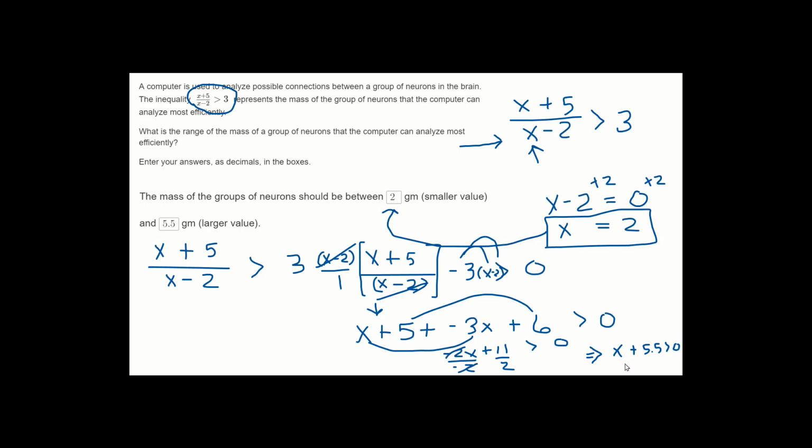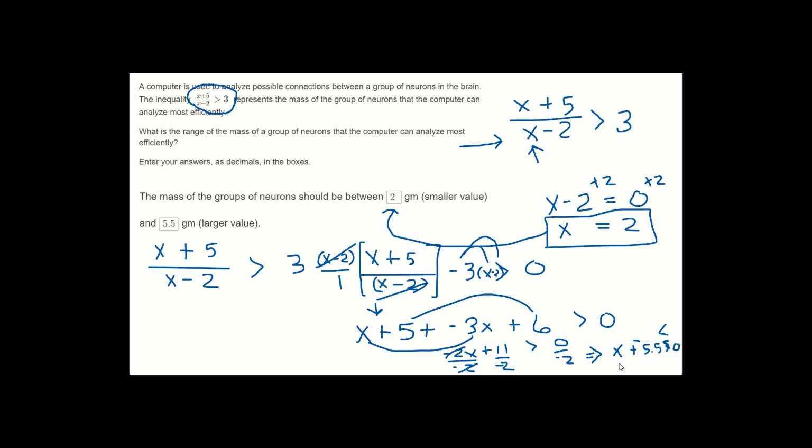Now if we do the same thing for this, when would that equal 0? If we had a negative 5.5. Oh, I forgot, because I divided, I forgot we're dividing by a negative 2. Let me go back. I went too fast. When we divide the 11 by the negative 2, that's a negative 5.5. And this is going to flip around.